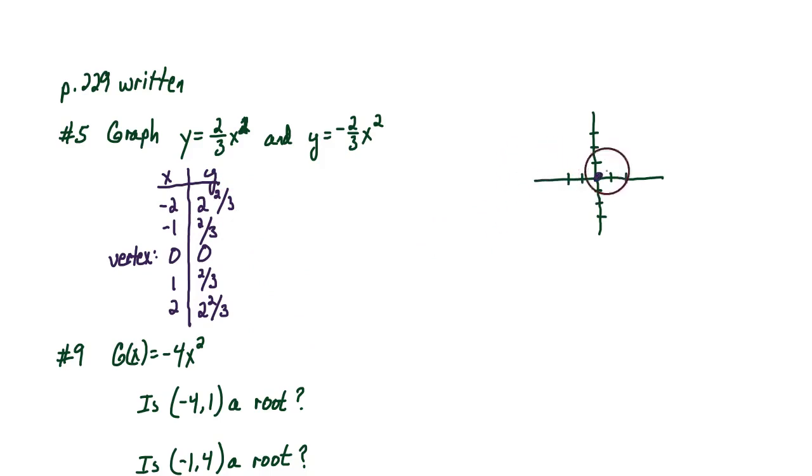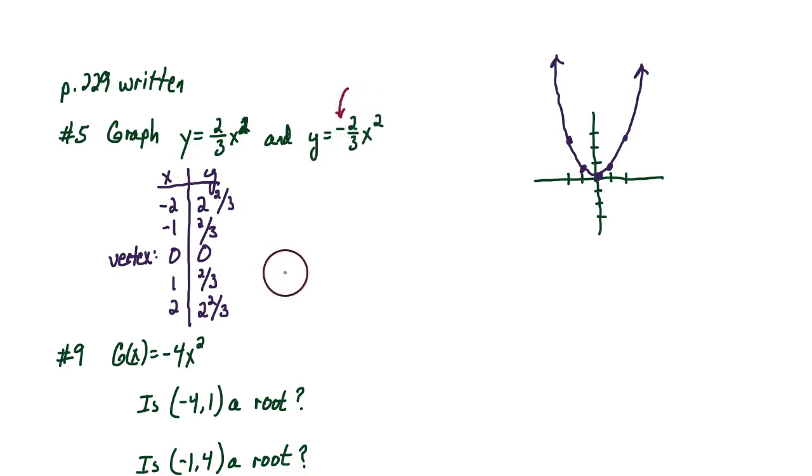Here's 0, 0. Here's negative 1, comma 2/3, and positive 1, comma 2/3. And here's negative 2, comma 2 2/3, and positive 2, comma 2 2/3. Here's the first parabola. Now this other parabola differs only by that minus sign.